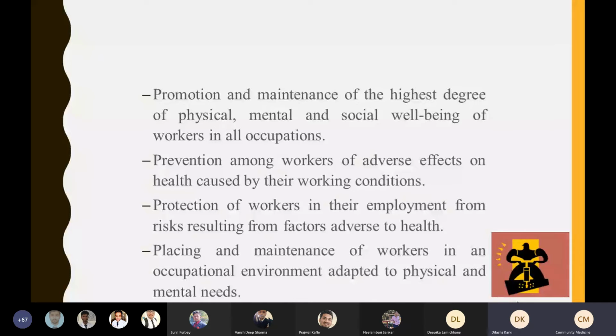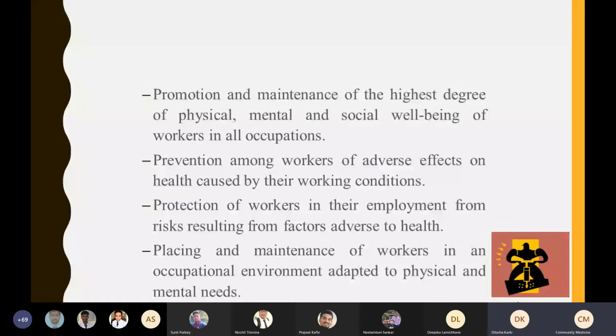Occupational health is more or less similar to preventive health, but it belongs to the workers in different types of occupation. It is the promotion and maintenance of the highest degree of physical, mental and social well-being of the workers in all occupations. It denotes all the occupations. The definition is the same.